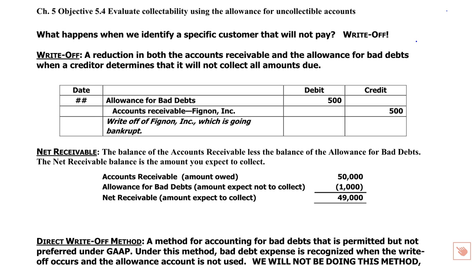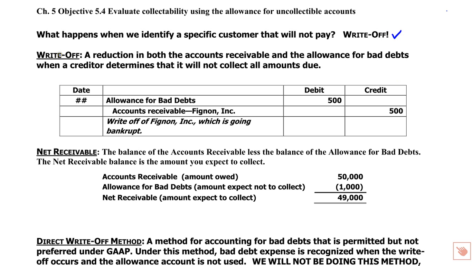So because it's estimating, it means it's not waiting until the moment at which some particular individually identified customer is not going to pay. In the allowance method, the write-off is when we identify a specific customer.